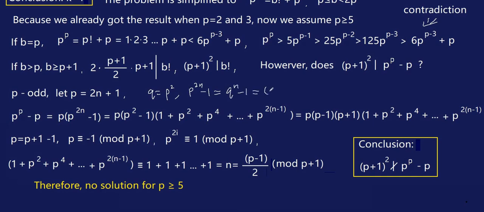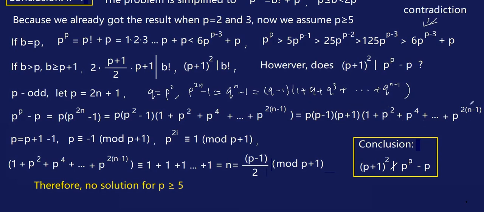And factorization becomes (q minus 1) multiplied by (1 plus q plus q^2 plus ... plus q^(n-1)). And we replace q with p squared. We get this factorization, and p squared minus 1 can become (p minus 1) multiplied by (p plus 1).